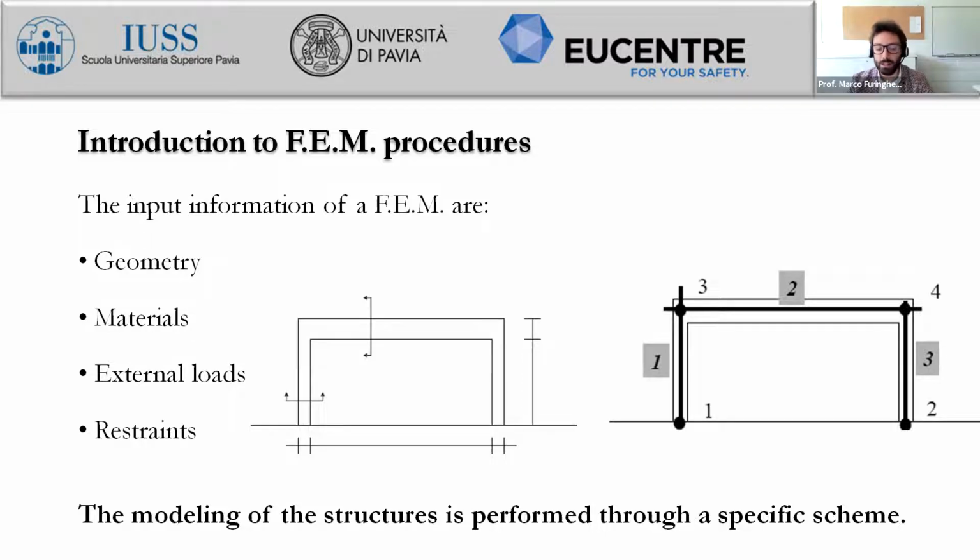And actually, the modeling of a given structure is performed through a specific scheme. This is an example which is shown in the slide. You can see that this is just a single story and single span frame, a plane one. You can see that this is the lateral plan view of the frame.